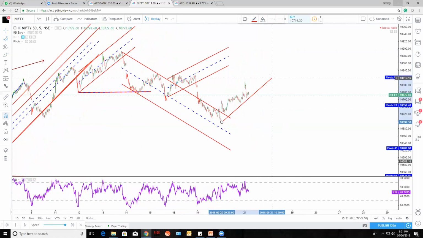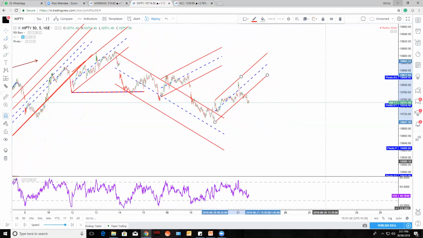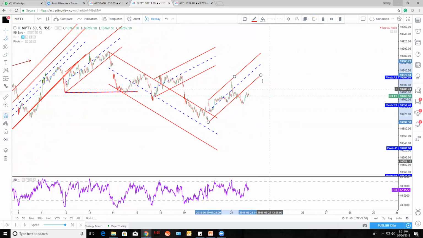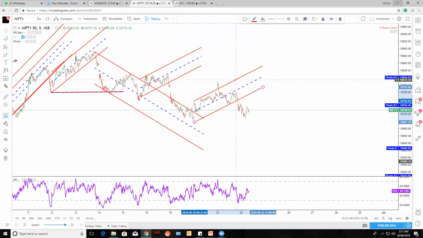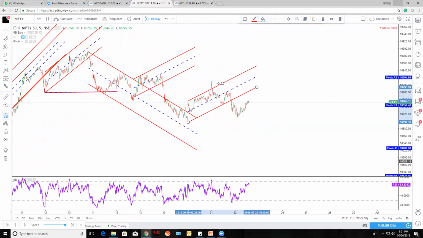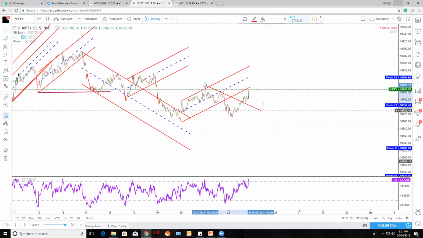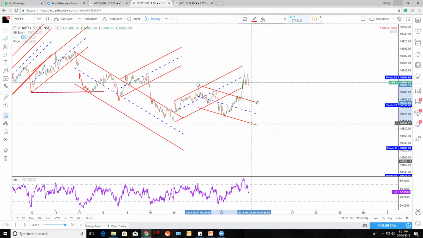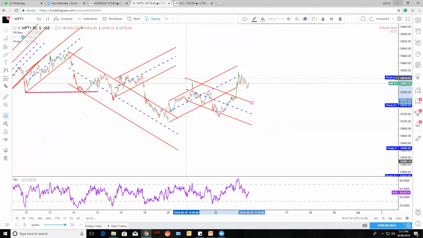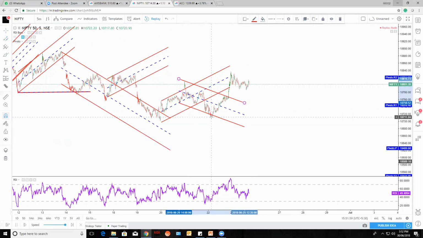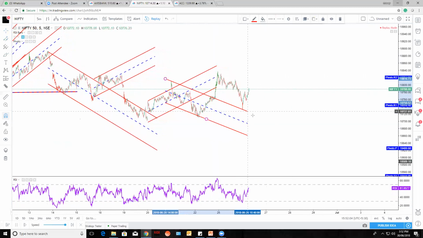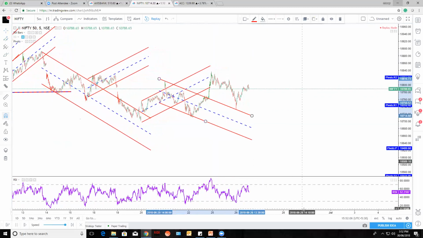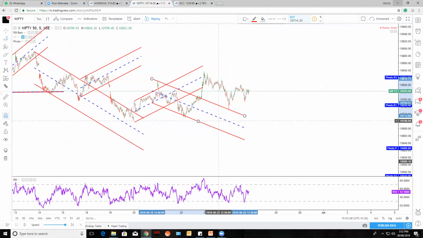I just increase the speed, that's it. This is now a valid channel. Now there is one more channel from top, right? It broke the channel and went up. It came to the channel low, see? Brilliantly worked.